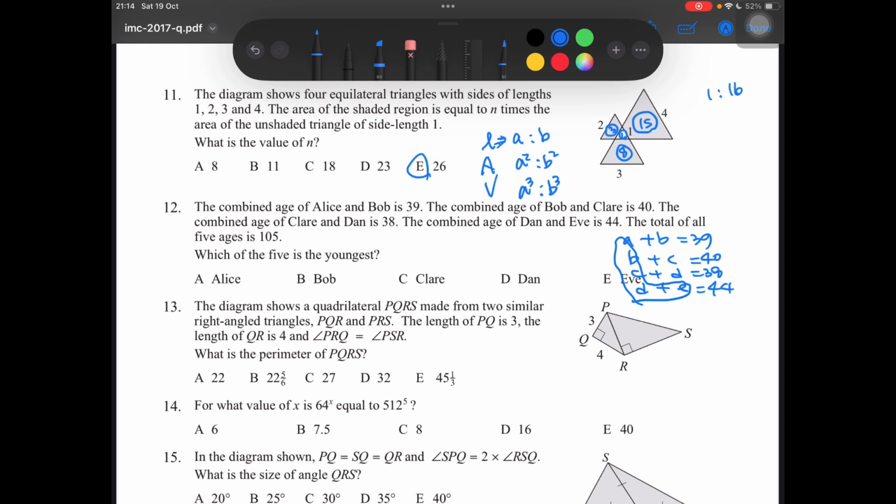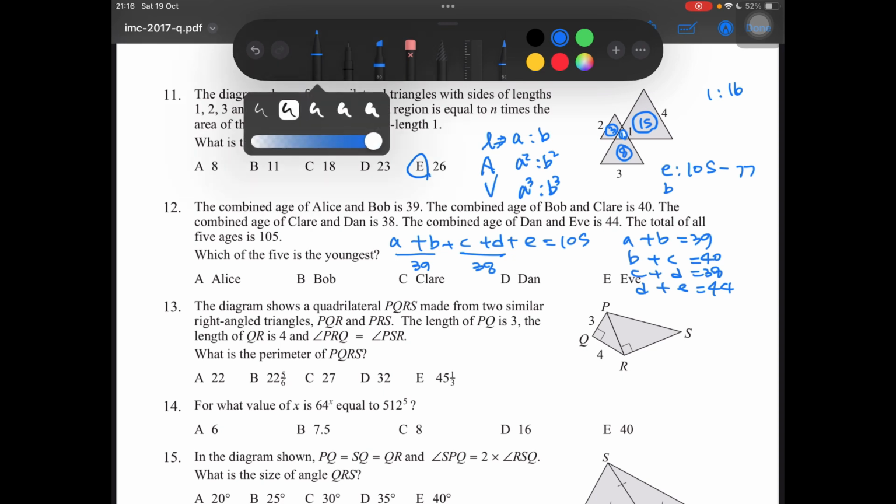Which of the 5 is the youngest? A plus B plus C plus D plus E equals 105. So AB is 39, CD is 38, so E is 105 minus 77.